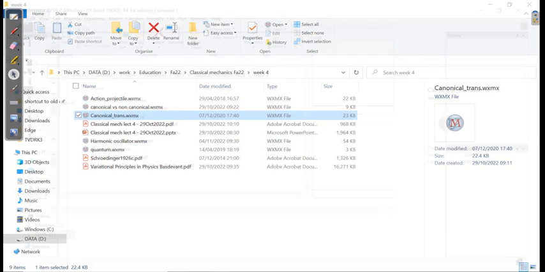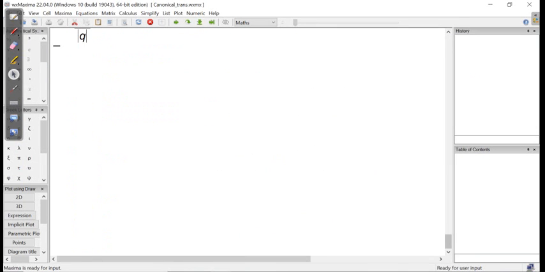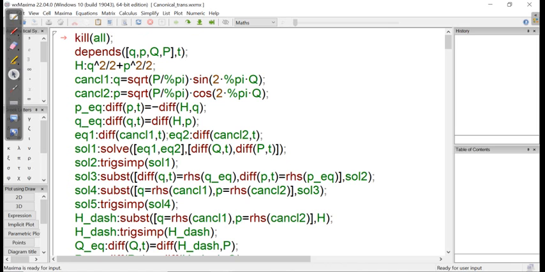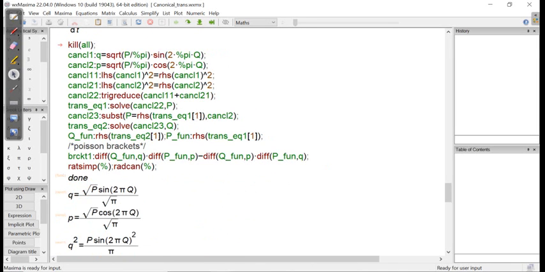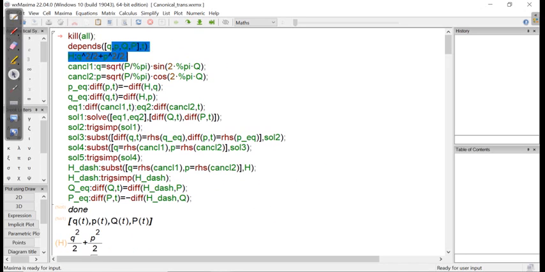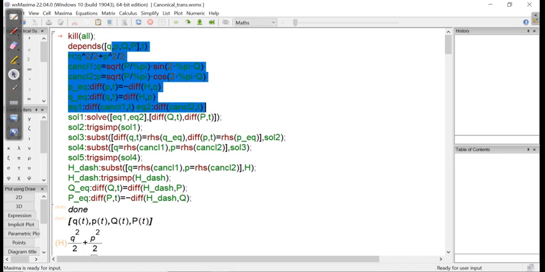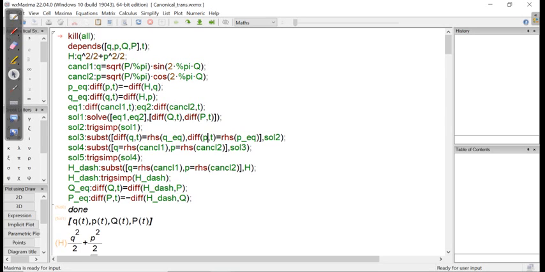I'm opening this Maxima file. Yes, this is the transformation. You can verify whether it is canonical or not. And the most important is that now, since it is canonical, you can get the equations in terms of the new variables.